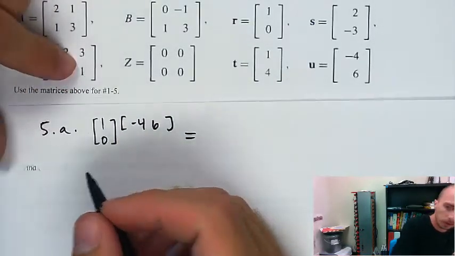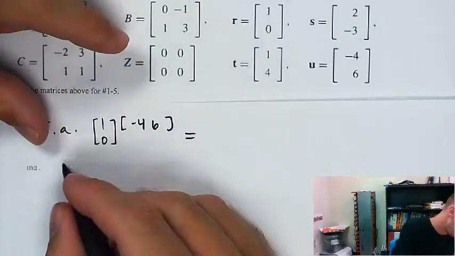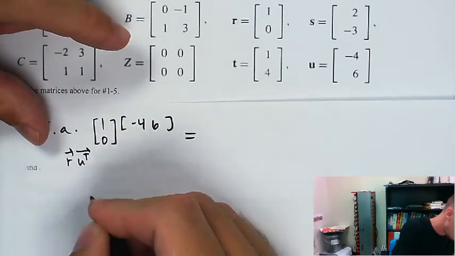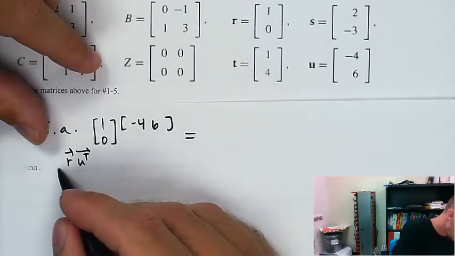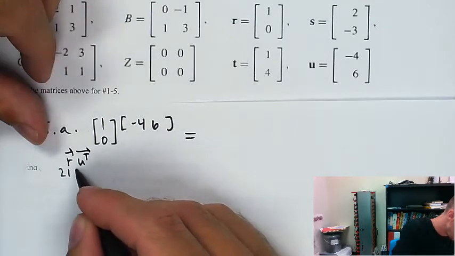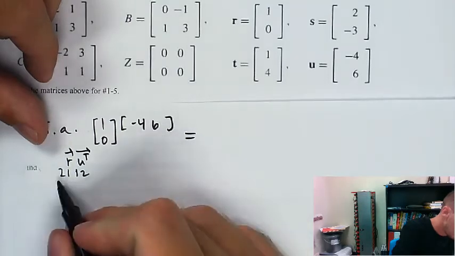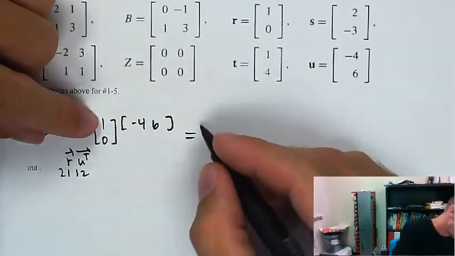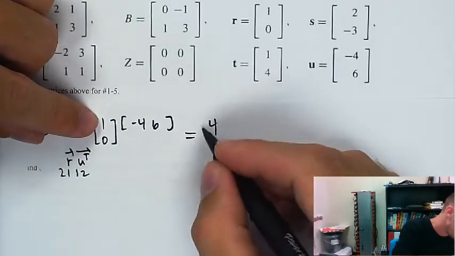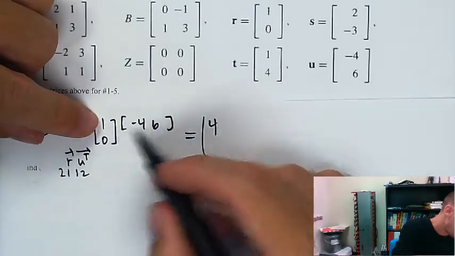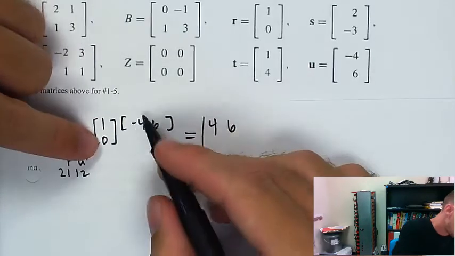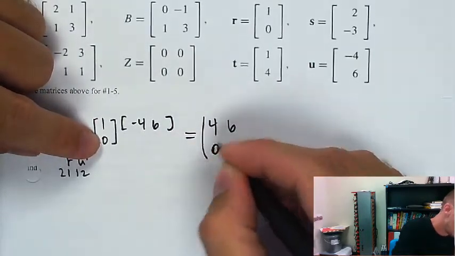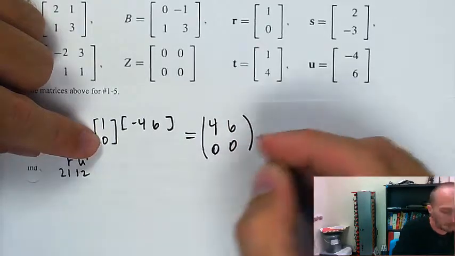Hold on, so if I've got R times U transpose, R is a 2 by 1, U transpose is a 1 by 2, meaning I'm going to be left with a 2 by 2 matrix at the end. And that's something that we call the outer product, but that's a different discussion. First row, second column is going to be 6. Second row, first column, that's 0. Second row, second column, also 0.